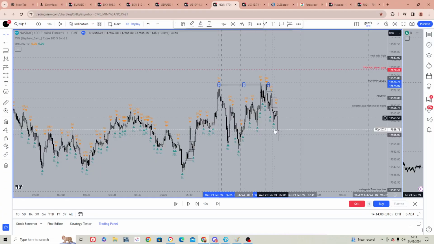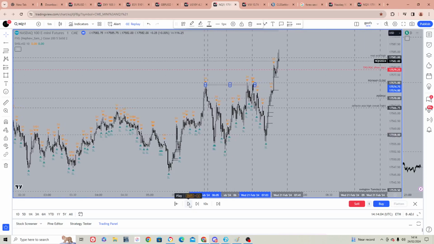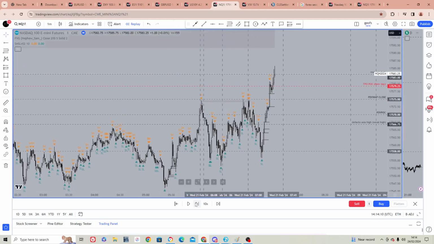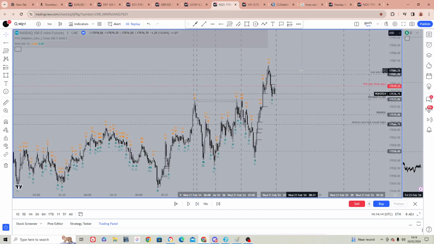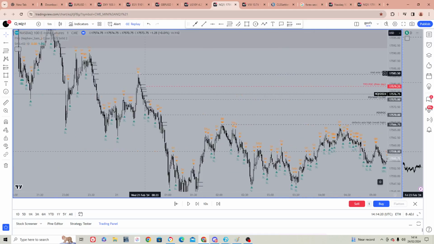So market moves down. What's next? Of course, we move up to finish this auction. And where do we go? We actually end up tagging the real Asia high, just breaking it. Okay, so that's another key level.